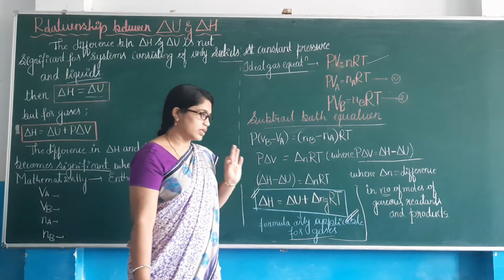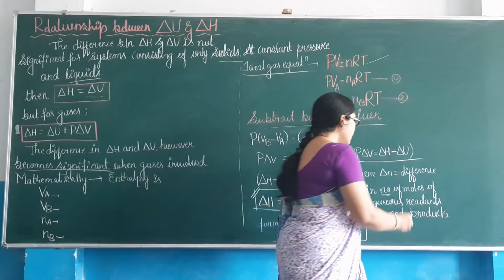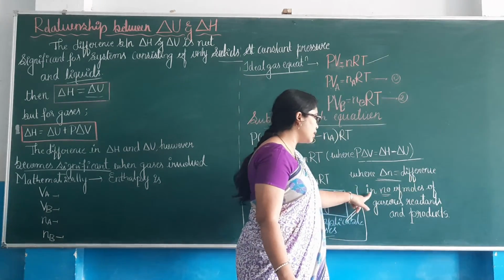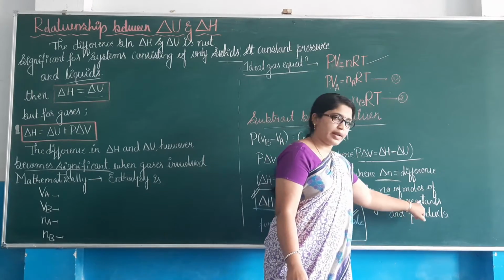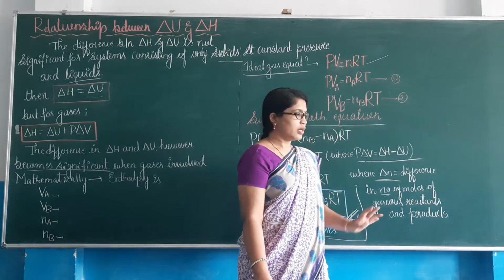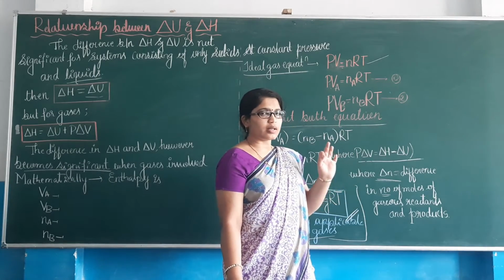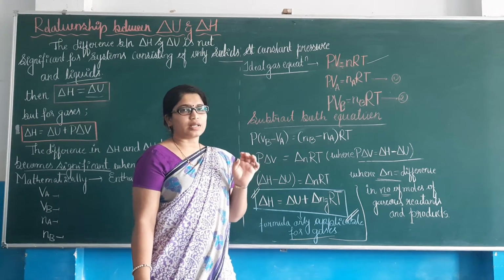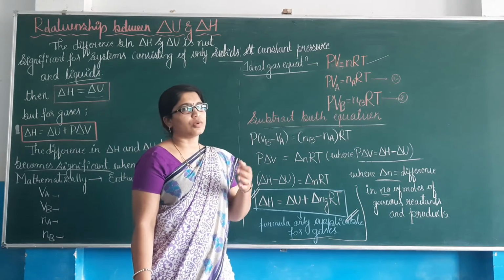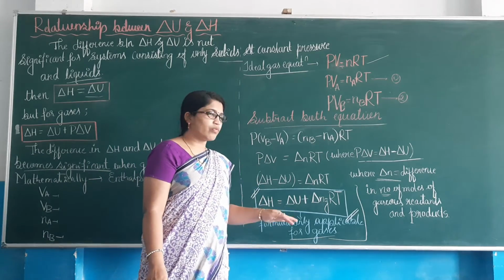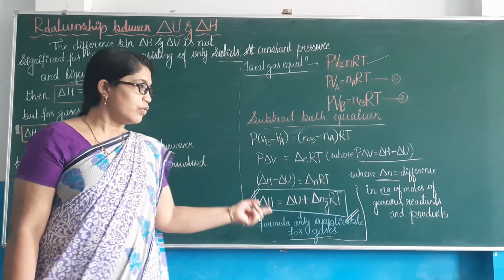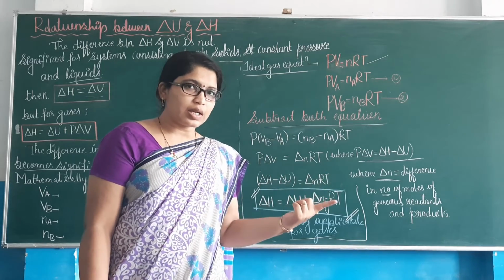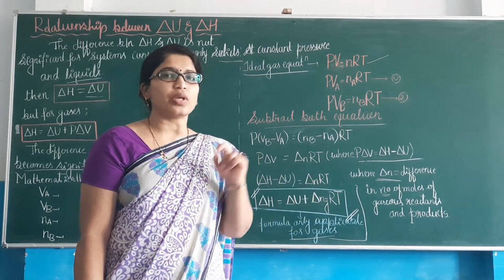Delta n is the change in number of moles, the difference in the number of moles of gaseous reactants and gaseous products. Delta Na is the number of moles of gaseous reactant molecules. Delta Nb is the number of moles of gaseous product molecules. So this is how we get the final equation relating change in enthalpy and change in internal energy, how they are related to each other.